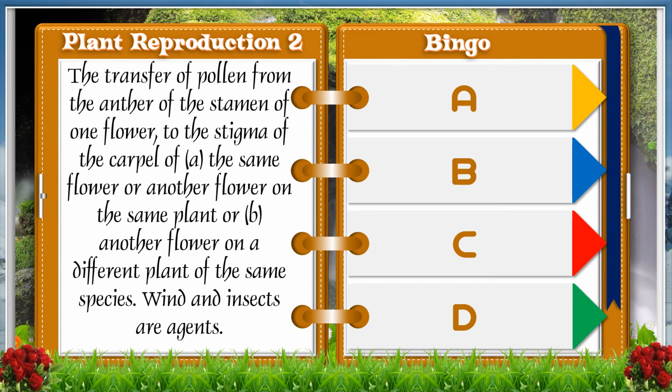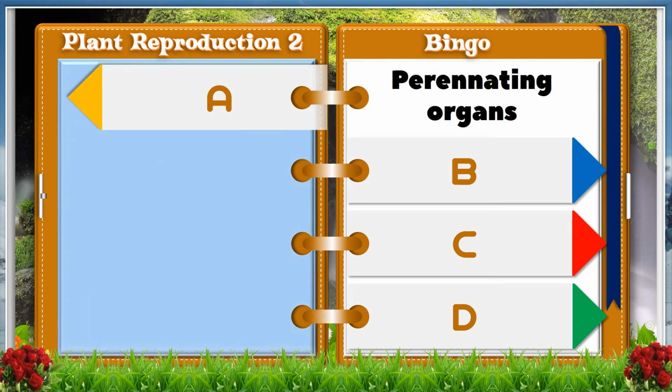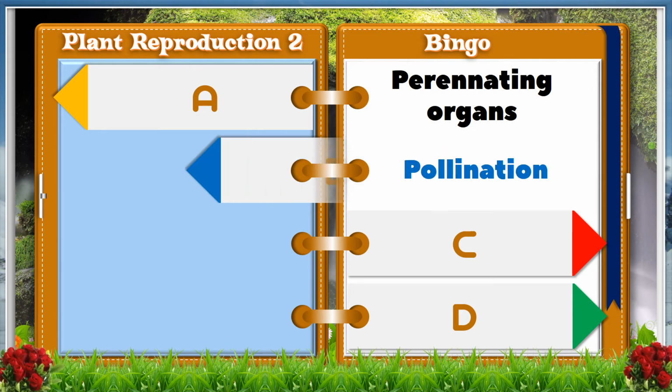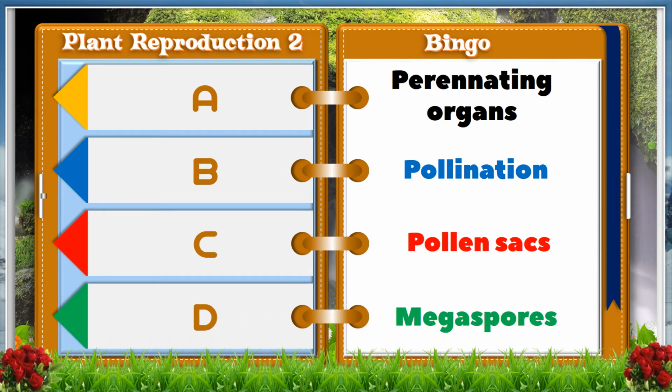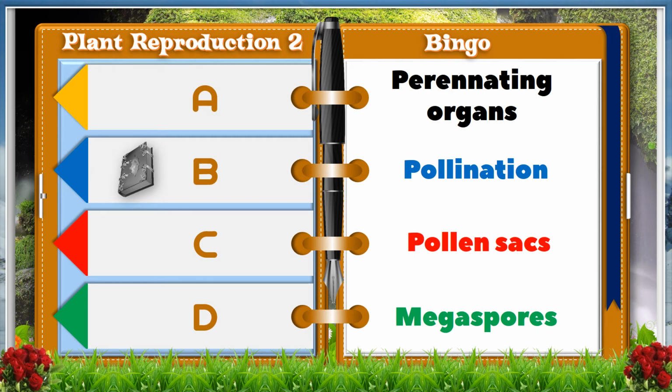Wind and insects are agents. A. Pollinating organs. B. Pollination. C. Pollen sac. D. Megaspores. And the answer is B. Pollination.